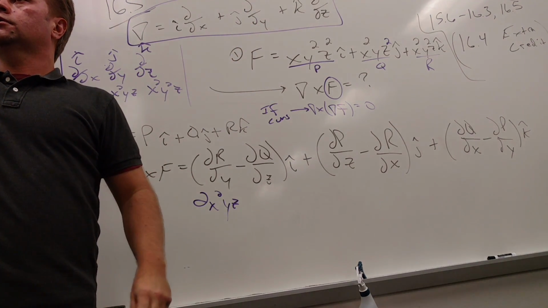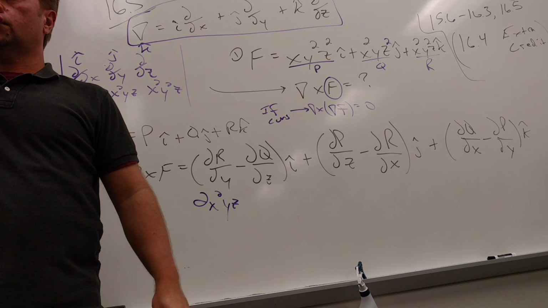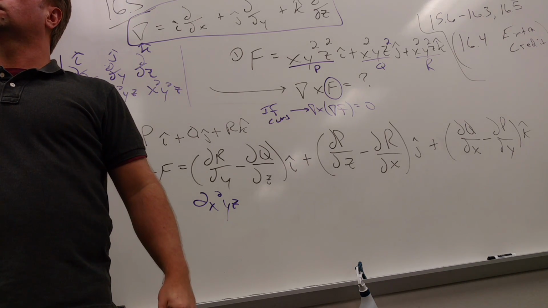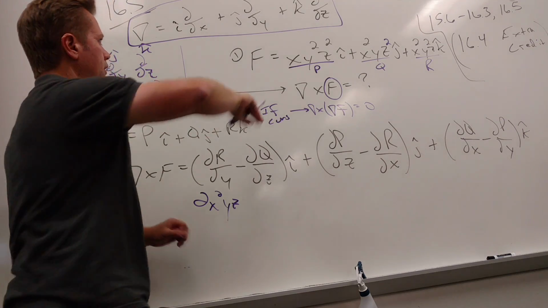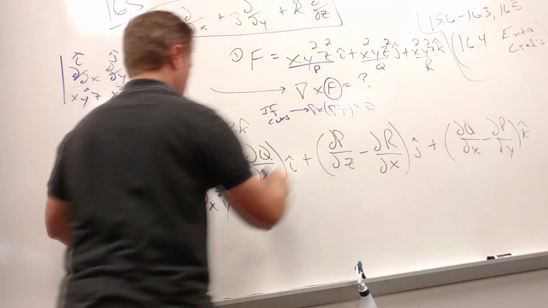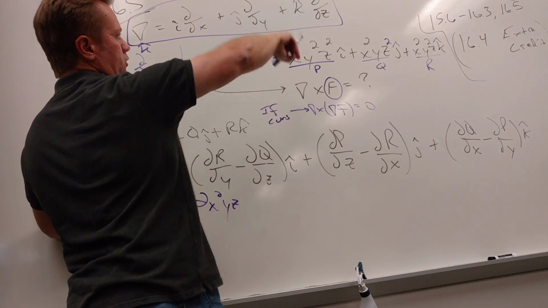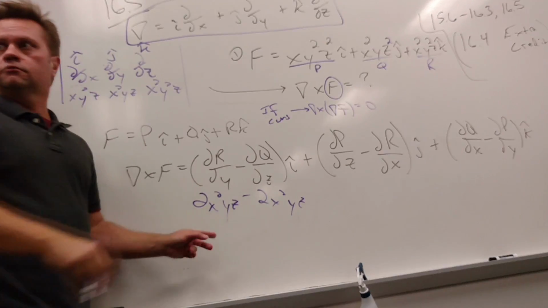Yes, sorry, did you have a question? No, I was just going to say the y component of the cross product is 0, so maybe something happened there. Oh yeah, so each of these should be 0 independently. So now that I've got the right thing there, dQ/dz would be 2x squared yz. So these would cancel, and so forth.